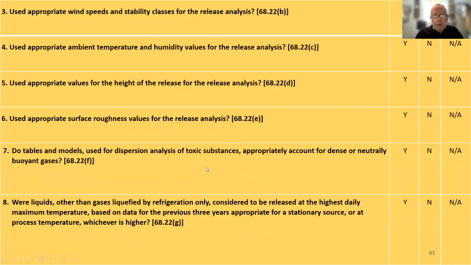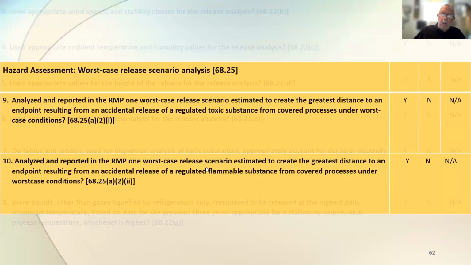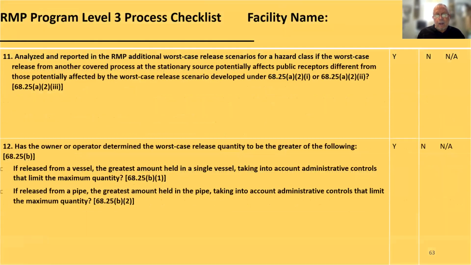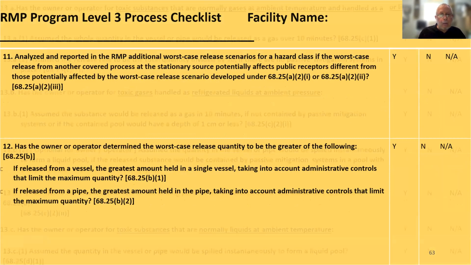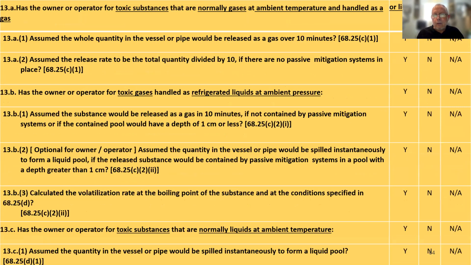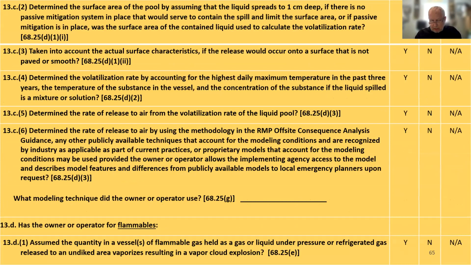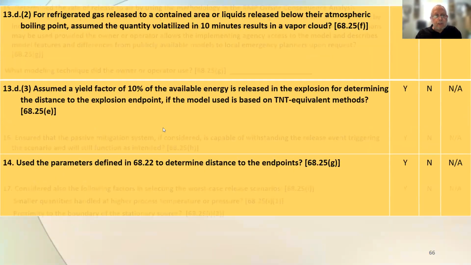It tells you, if a release happens, where it would go with the prevailing winds and stuff like that. I'm not going to get into the details on that here, but that's part of it. So if you have something like a gas that could get released in the air, you have to have all this stuff. This is all about release, because remember, this is the Environmental Protection Agency.